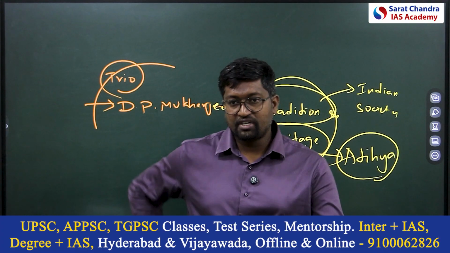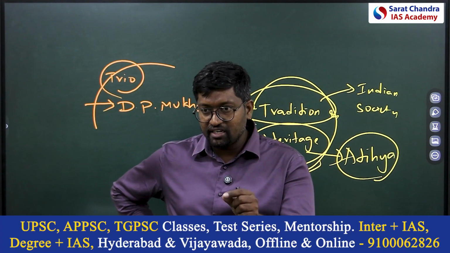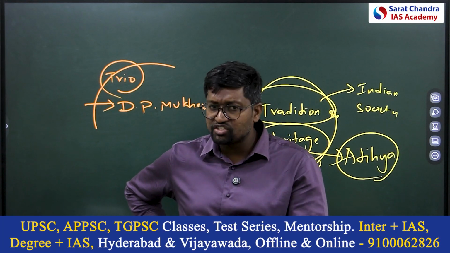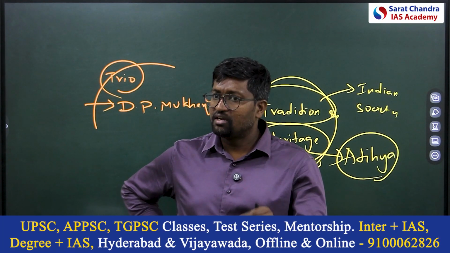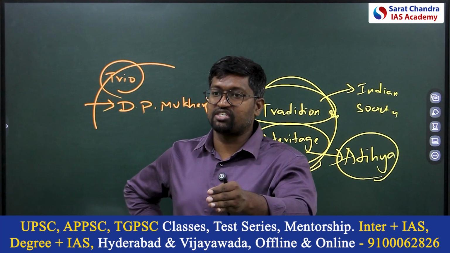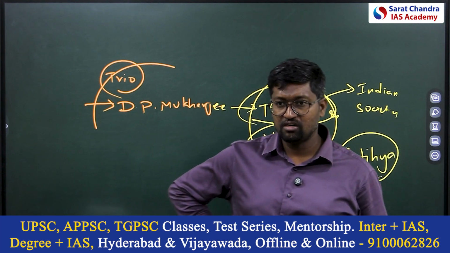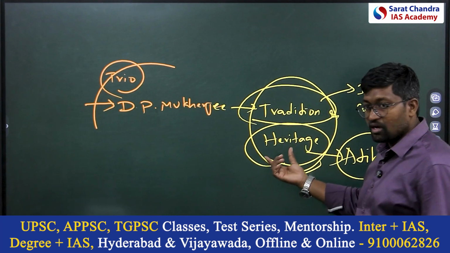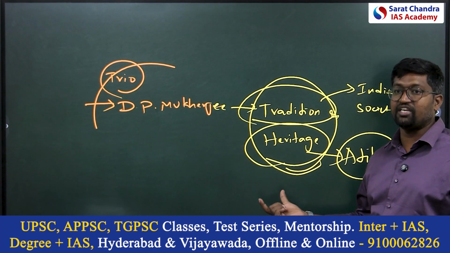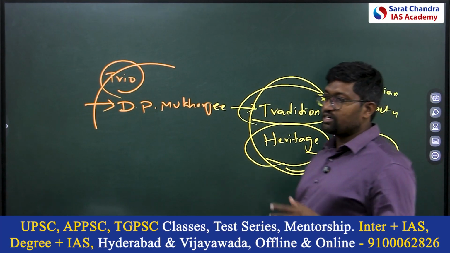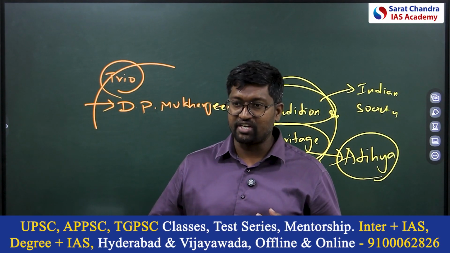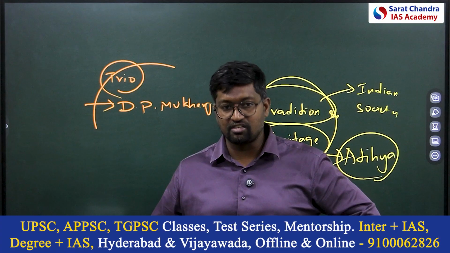D.P. Mukherjee understands Indian society by giving importance to family traditions, marriage traditions, cultural traditions and religious traditions, and to the heritage India is carrying, whether carried by monuments or the civilizational heritage.